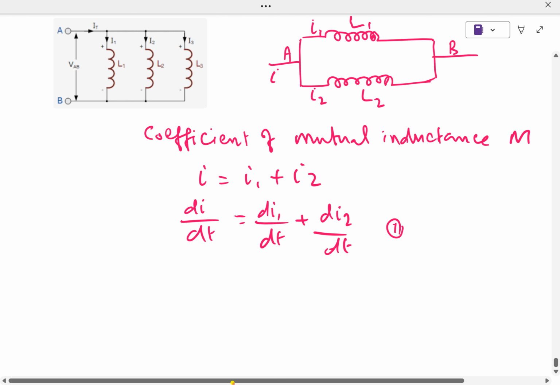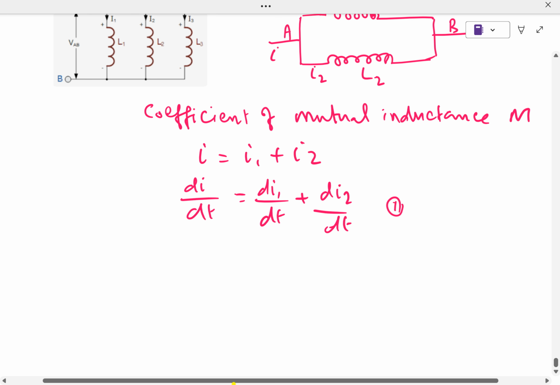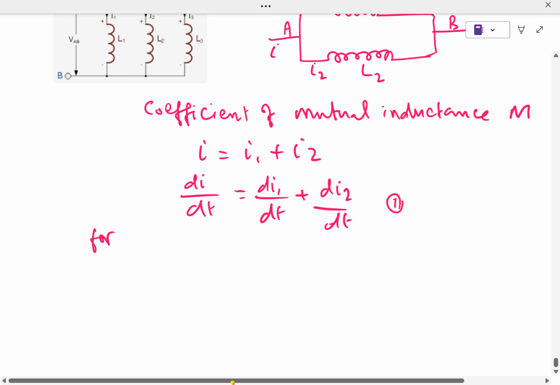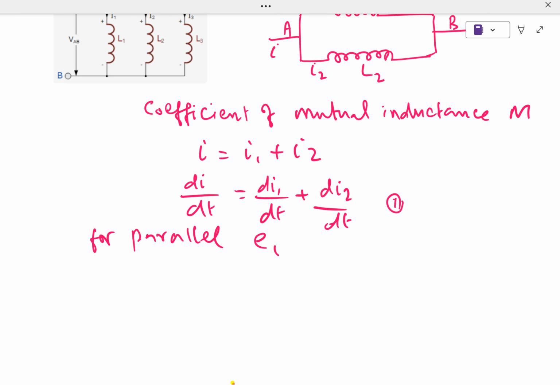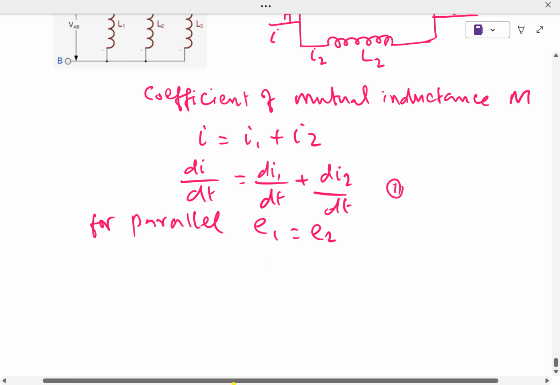Now, in each coil, both self and mutual inductance EMFs are produced. Since the coils are in parallel, these EMFs are equal. E1 equals E2.